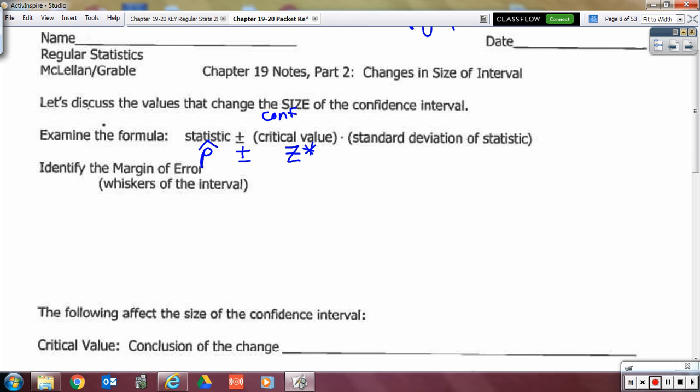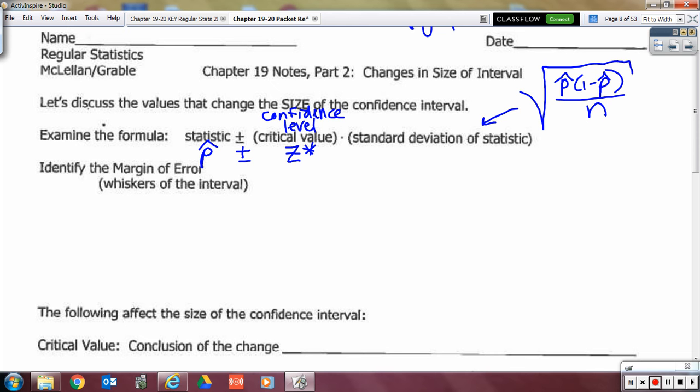Somebody will say, I want you to be 90% confident or 95% confident. So how confident you are to be is what changes that Z star, that critical value. And then the standard deviation. Now, you know that this standard deviation, you're well aware. Good. Okay.